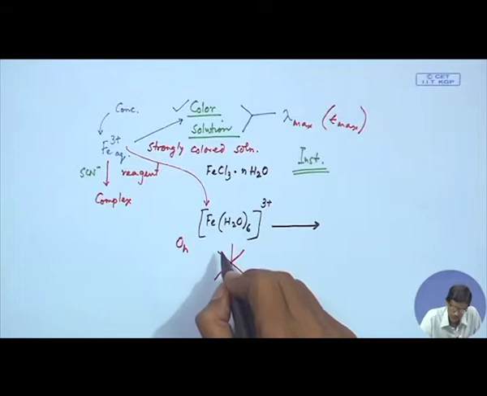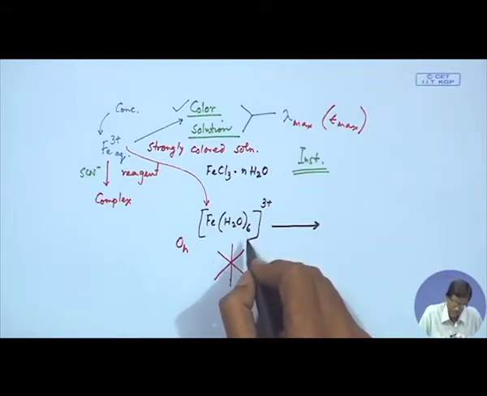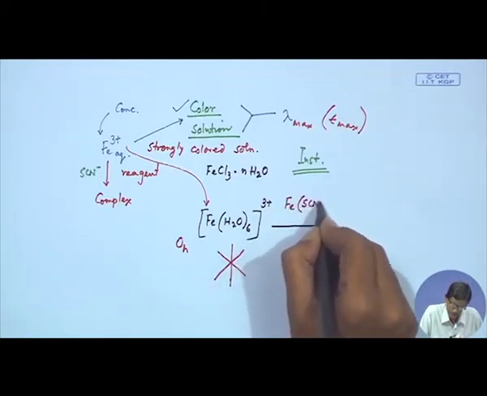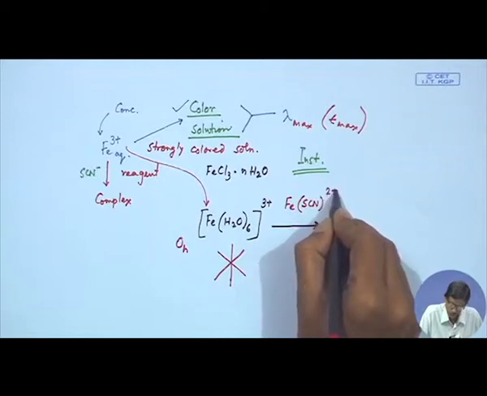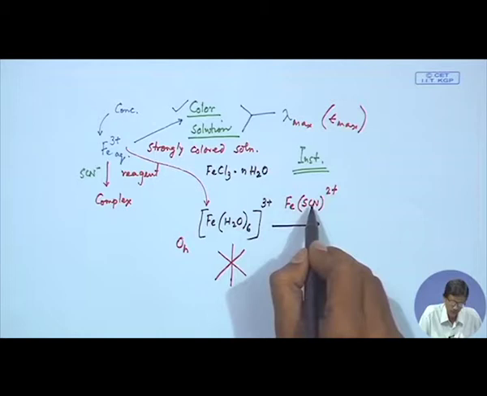When we write FeSCN2 plus, the charge is 2 plus, which means one of the charges is neutralized.